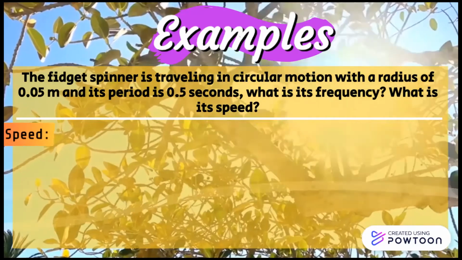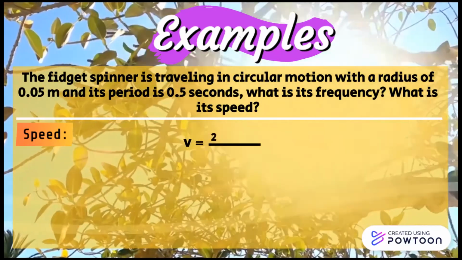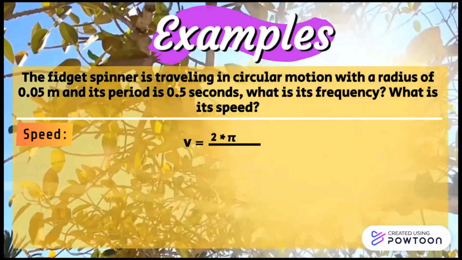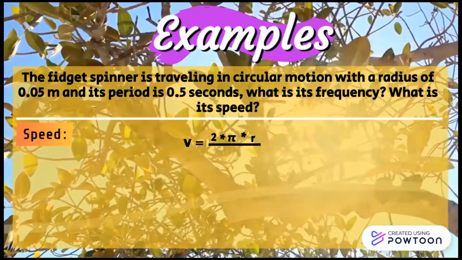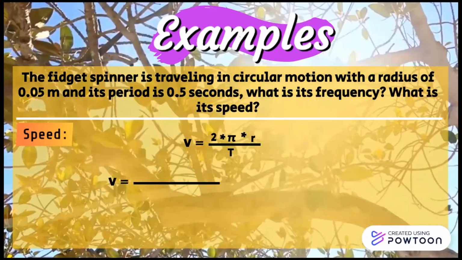Now, to find the speed, we also must take into account the formula. Speed equals 2 times pi times the radius over the period. So, it is speed equals 2 times 3.14 times 0.05 meters, that is the radius, over 0.5 seconds, that is the period.